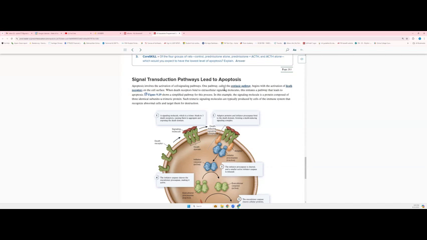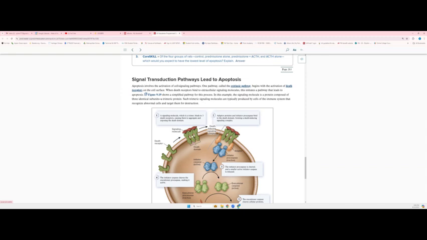One pathway, called the extrinsic pathway, begins with the activation of a death receptor on the cell surface. So basically, this is how it works. This is the death receptor. This is the death domain. It will bind to an extracellular molecule, and then this will initiate the pathway, right?